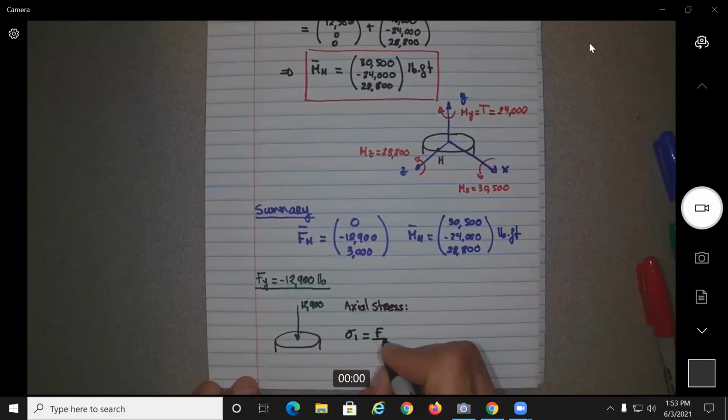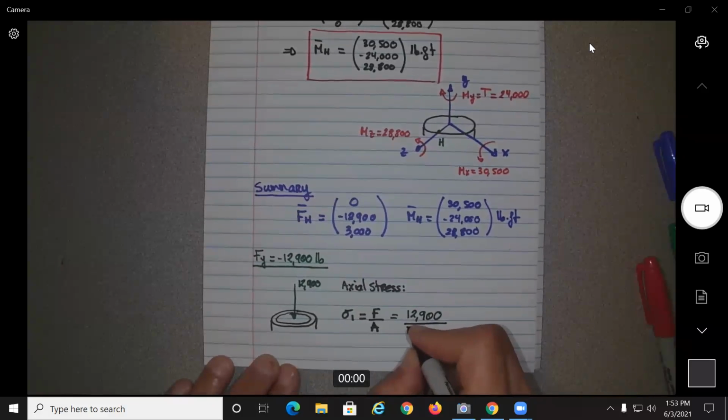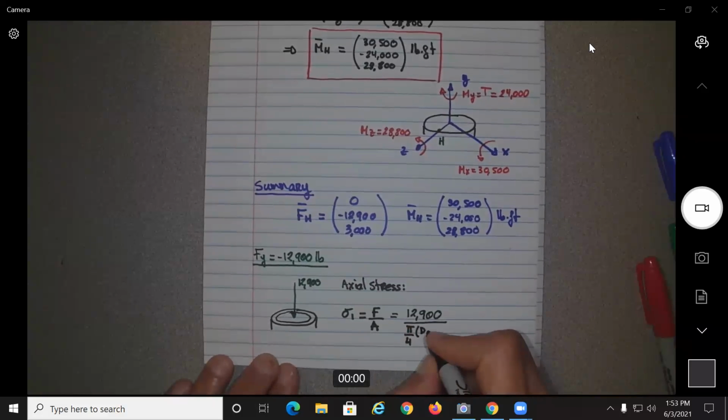Force divided by the area. So what is the force? It is 12,900. I'm just putting the magnitudes for now. Then we can see about the signs. What would be the area? What would be this area? Pi r square, or pi over 4 d outside square minus d inside square.